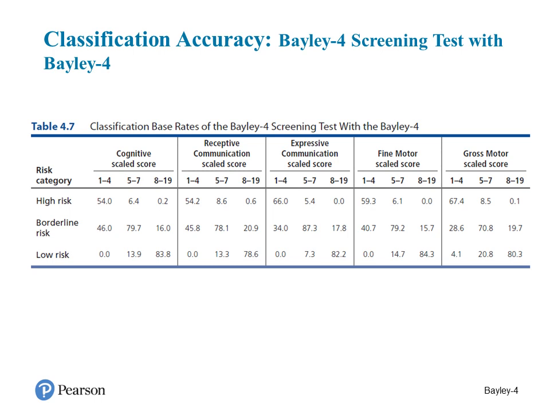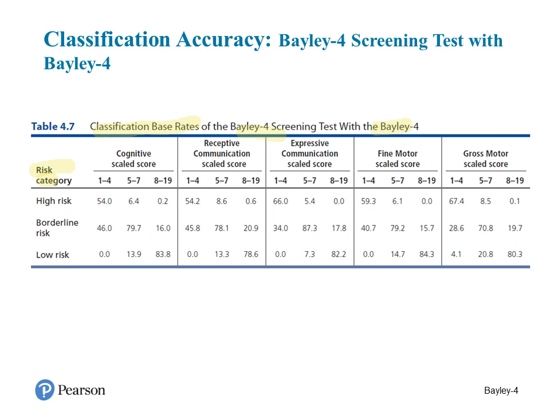So when we look at this table right here, this presents the classification base rates of the Bayley-4 screening test with the Bayley-4. So as I mentioned, the Bayley-4 screening test will provide a risk category, whereas the Bayley-4 will provide us with a scale score.